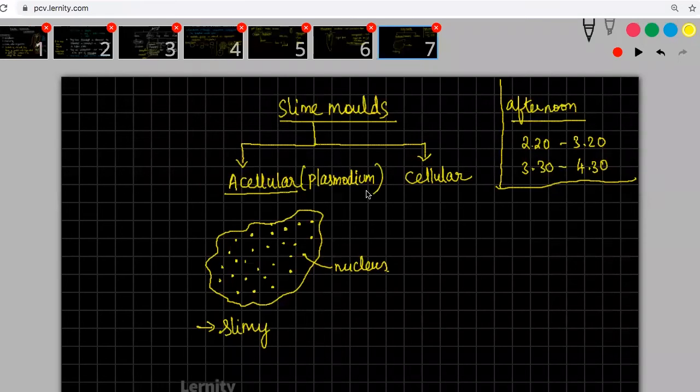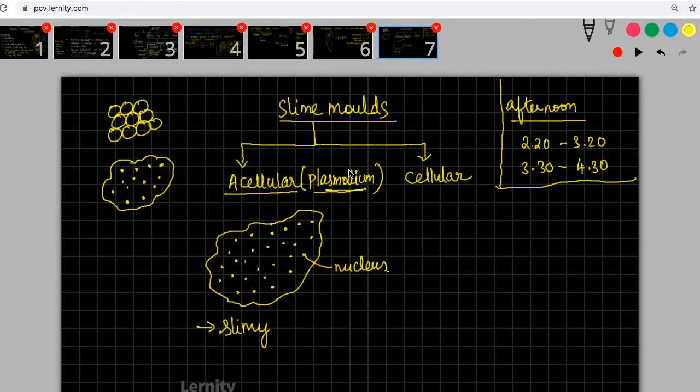When do we call it plasmodium? Whenever we have a coenocytic case, where multiple cells are fused together. There might be thousands of cells, but they are all fused together into one mass, and there is no demarcated cell wall. This kind of arrangement is what we call plasmodium.